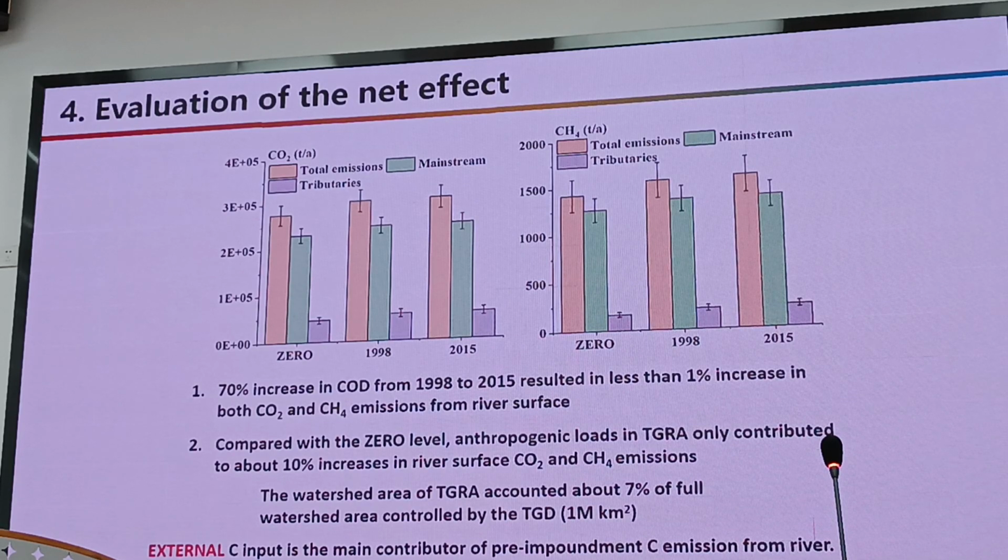And we make some scenario analysis. Here are some scenario analyses. We try to set the zero scenario, which means that if there is no pollution, no people living in the reservoir, no pollution in the reservoir, this is a 0. And we also have the 1998 scenario and 2015 scenario, the different types of scenarios.